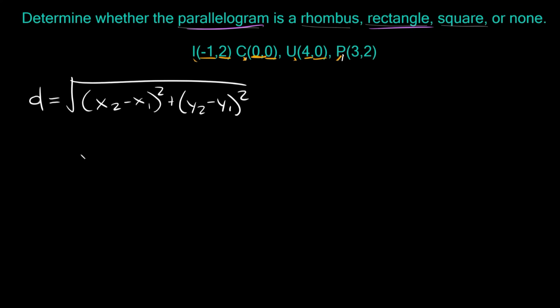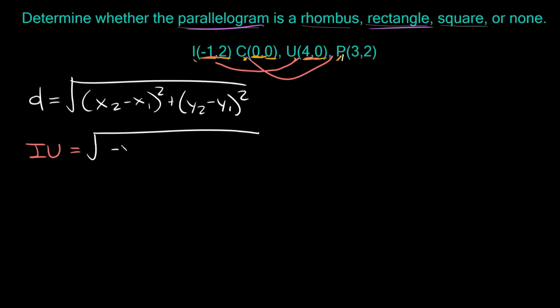So to find the diagonal lengths now, we're going to go from I to U, and then we're going to go from C to P. All right. So the distance from I to U is going to be equal to, again, the distance formula. So subtract the x coordinates. So we're going to say -1 minus 4, and that's squared.